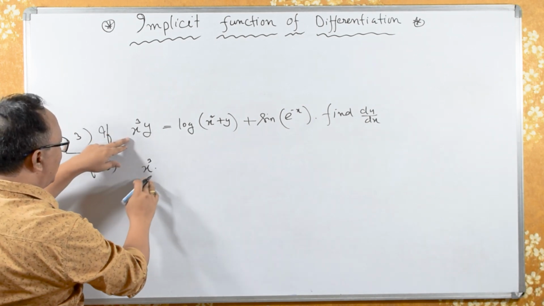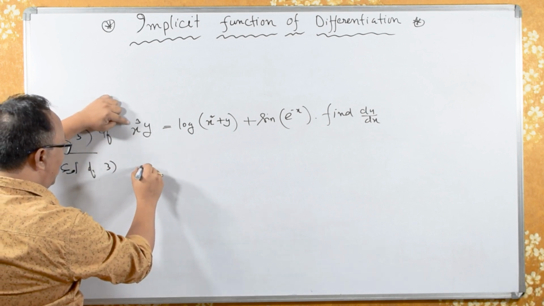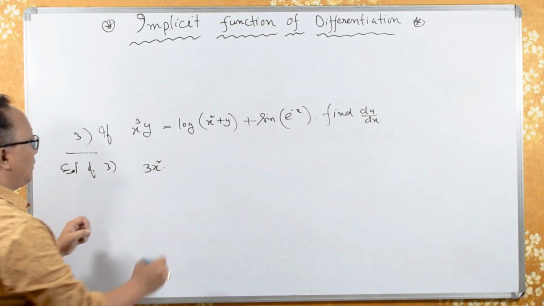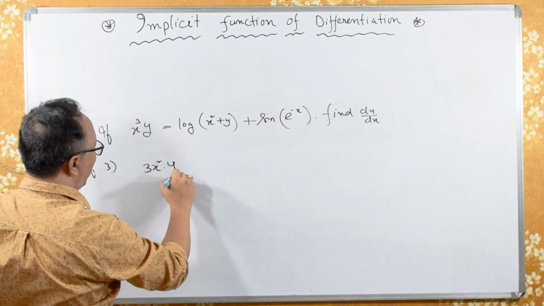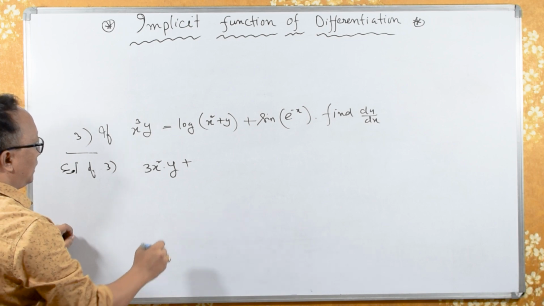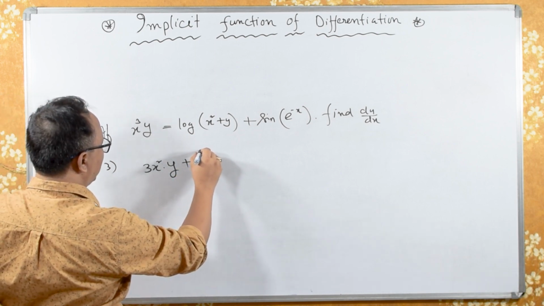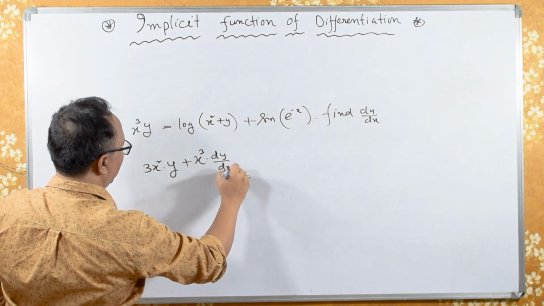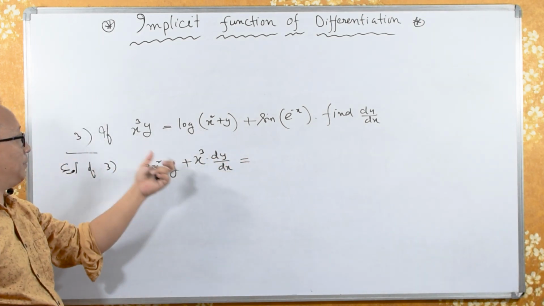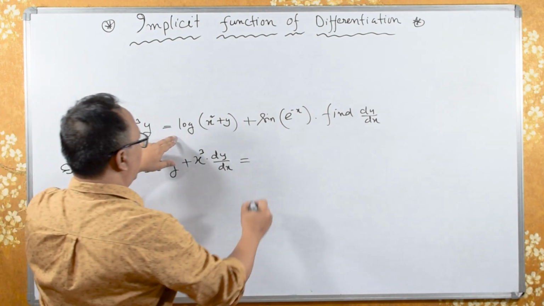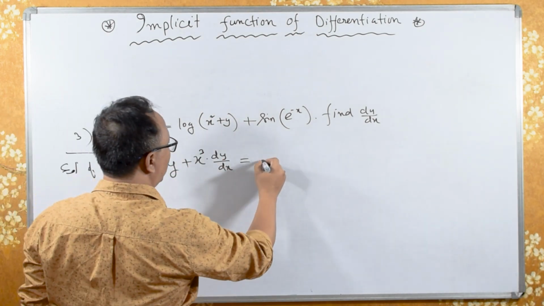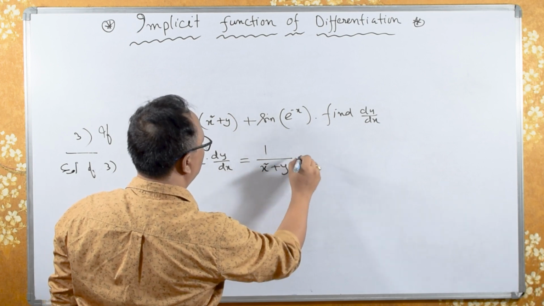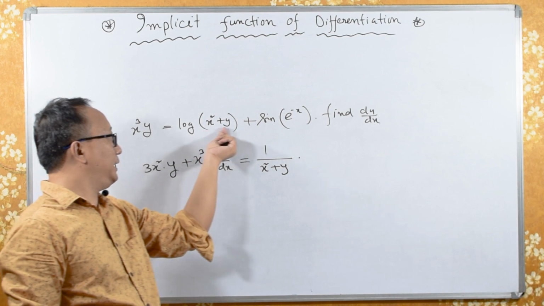I am differentiating x cube, which will be 3x square, and I am keeping y as it is, plus I am keeping x cube, again differentiating y, dy by dx, by applying u into v rule. Here, since log is this, we get 1 upon x square plus y, again we have to differentiate this with respect to x.